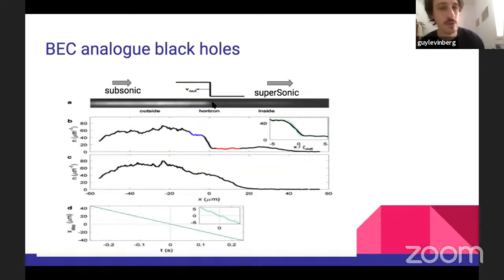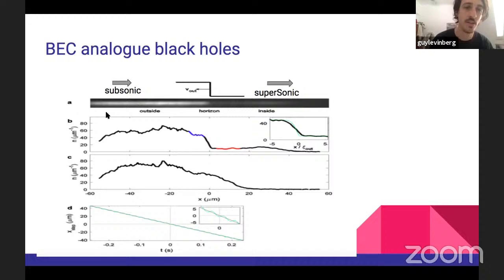And in this paper from 2016, what they did is take a Bose-Einstein condensate, and they have two regions. One has a subsonic flow, and the other has a supersonic flow. Any phonons trying to come from the inside outward are carried by the supersonic flow, and they cannot possibly reach back to the horizon.